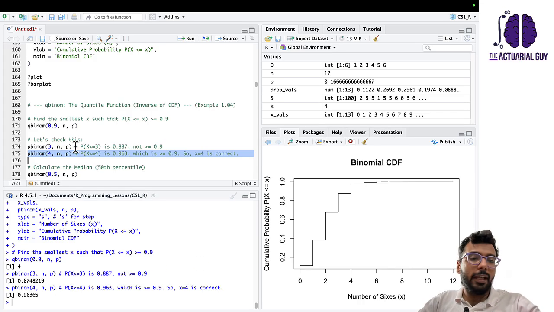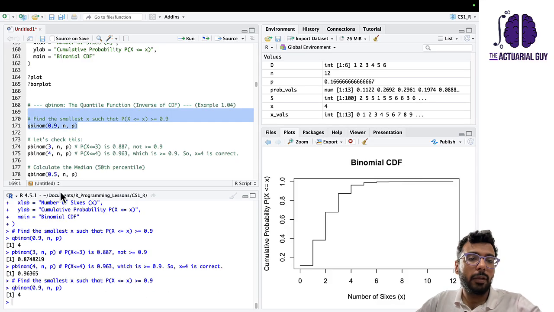So the CDF would become 90% somewhere between these two, but because the CDF is a step function, it goes directly from 0.874819 to 0.96365. qbinom gives you the smallest value of x such that the CDF is greater than 90% in this case, or greater than whatever probability value you are giving. So what is the smallest value of x for which the CDF actually exceeds 0.9? That is 0.963, against which the value is 4. So the answer here comes out to be 4. That's how you check it.